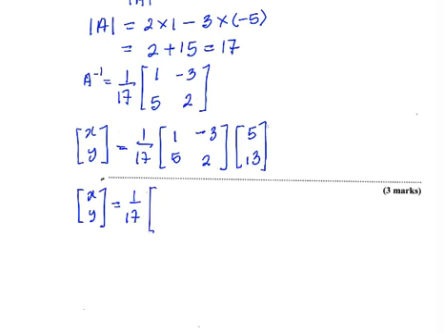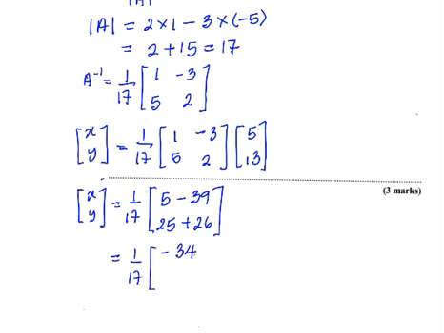So this is 1 times 5, which is 5, and minus 3 times 13, which is minus 39. 5 times 5 is 25, and 2 times 13 is 26. So what we have is 1 over 17 times [minus 34; 51]. The signs are different, so you subtract and keep the sign of the larger number, and 25 plus 26 is 51.